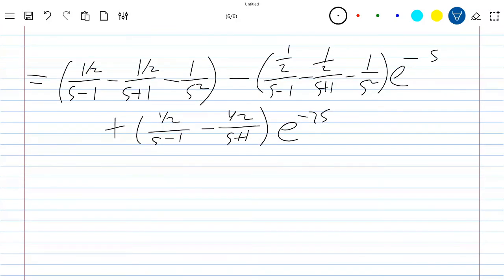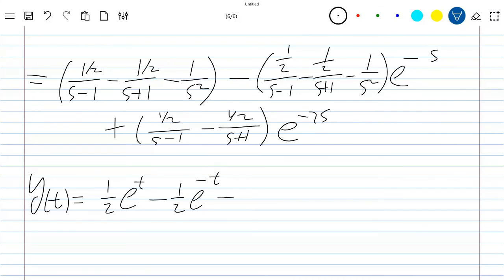Okay, so we're ready to write down our solution. 1 half e to the t minus 1 half e to the negative t minus t. That's our part 1. And part 2 will give you the step function at 1.